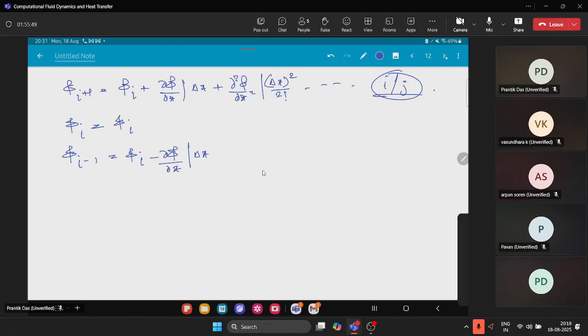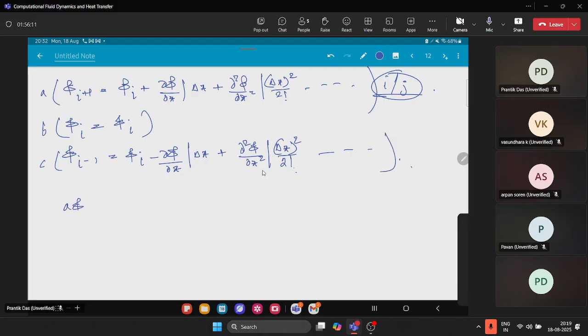Delta x plus of d square phi dx square delta x square phi. Okay. And now what I have to do is to multiply this by a, multiply this by b, and multiply it by c.